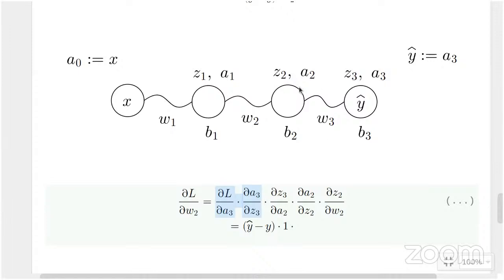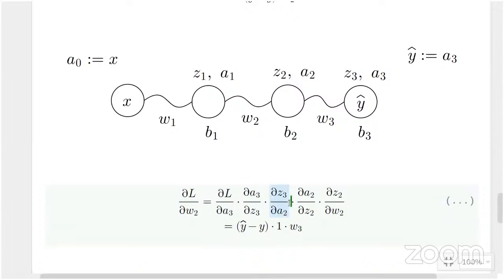Z3 is what? W3 A2 plus B3, right? The pre-activation of this final thing is A2 into W3 plus B3. So what is ∂Z3 by ∂A2? It'd be W3, right? So this we have computed.